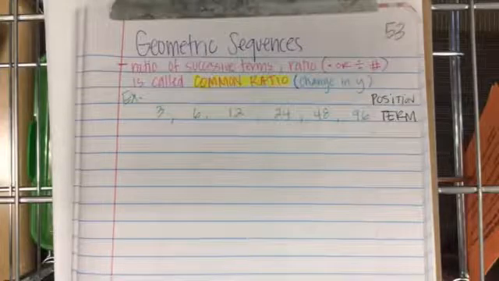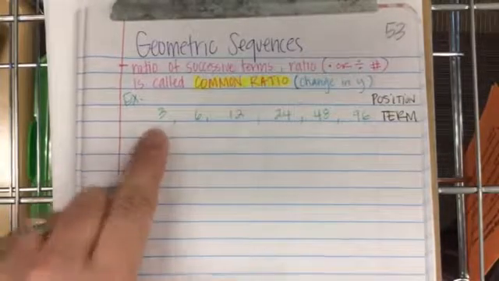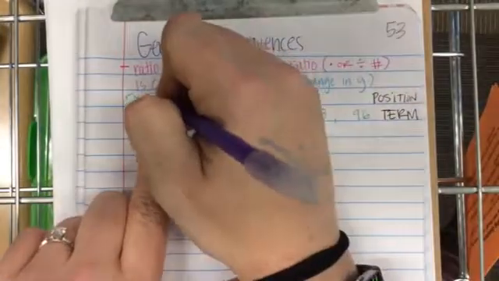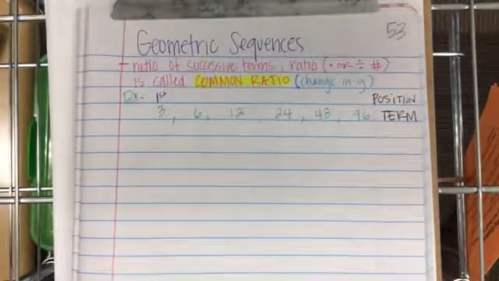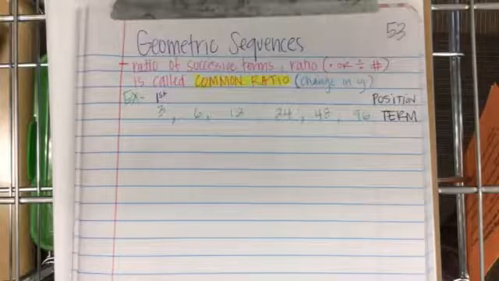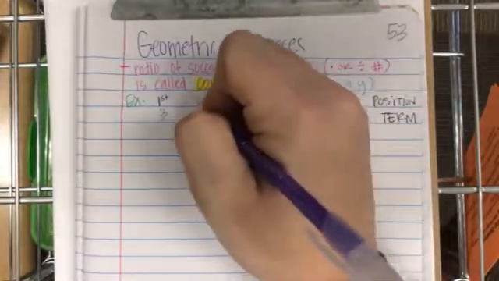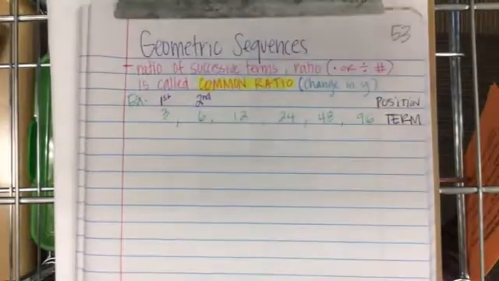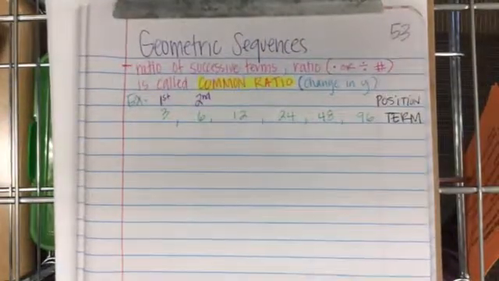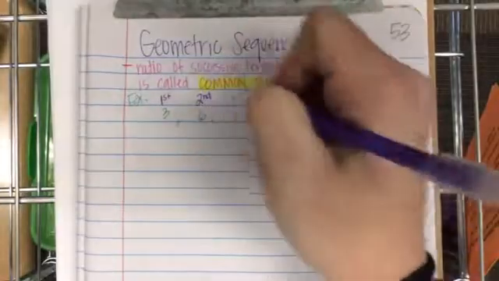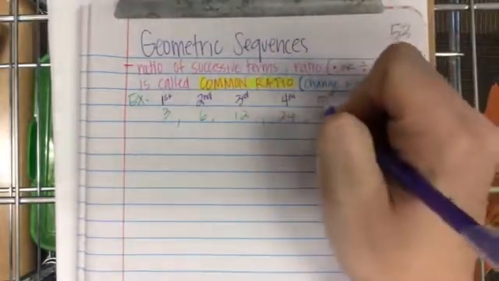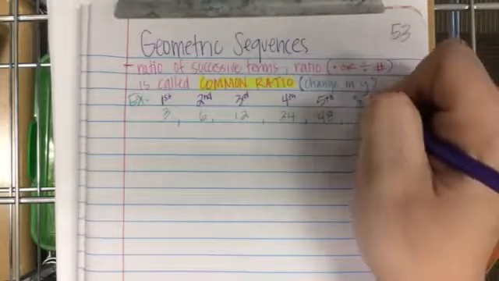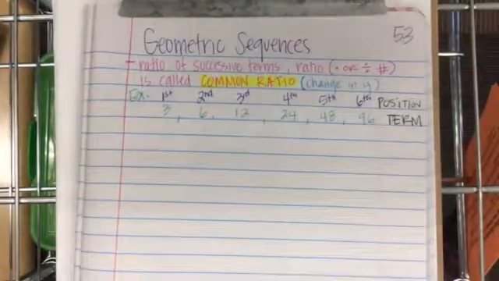It's pretty self-explanatory for the positions. 3 is in the first position, or it's the first term. In this exact pattern, 6 is the second position, or the second term. Third, fourth, fifth, sixth, and so on.